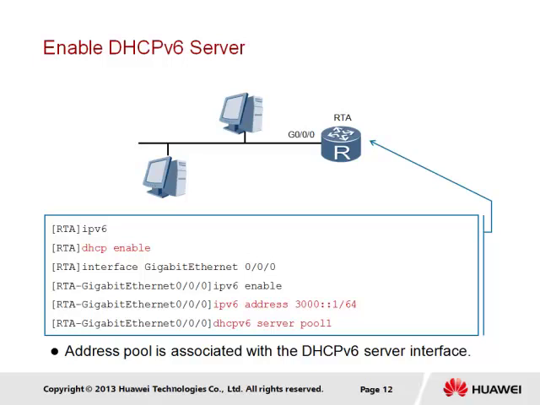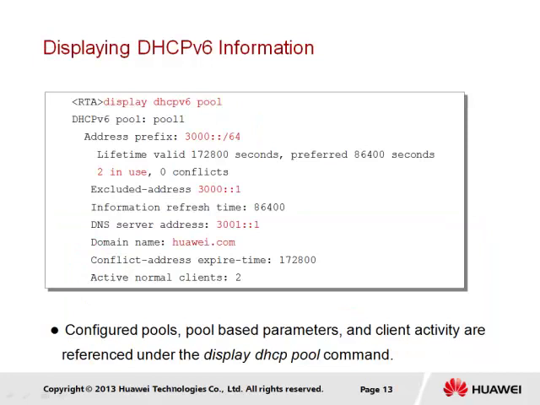Remaining under the interface view for interface GigabitEthernet 0/0/0, we must then apply the DHCPv6 service to the interface, using the created address pool of pool1, which we see performed here using the dhcpv6 server pool1 command. Once the DHCPv6 address pool has been created and associated with the interface, we can use the command display dhcpv6 pool to view the results of the configuration. As we see from the given output, an address pool named pool1 has been created, for which the associated address prefix is 3000::/64.